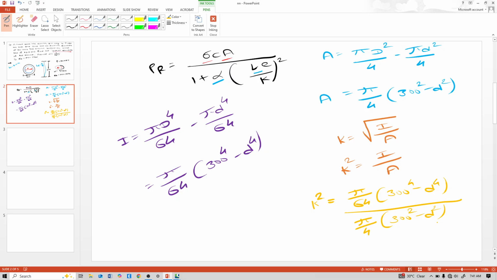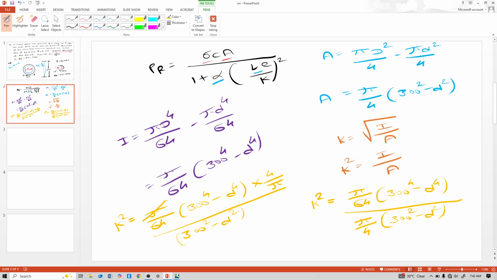So see, this 4 by pi. Okay, just rearrange it mathematically. k square is equal to pi by 64 into 300 raised to 4 minus small d raised to 4 into 4 by pi, divided by 300 square minus small d square.